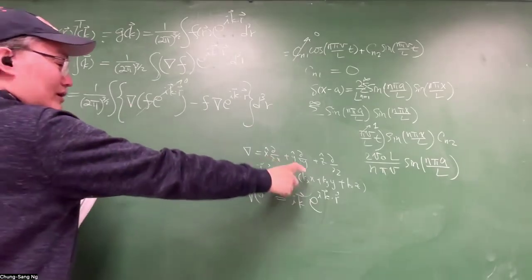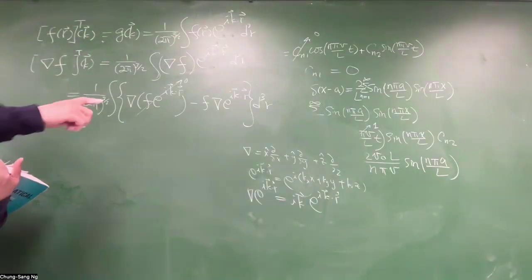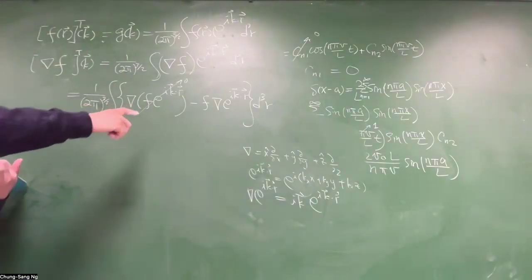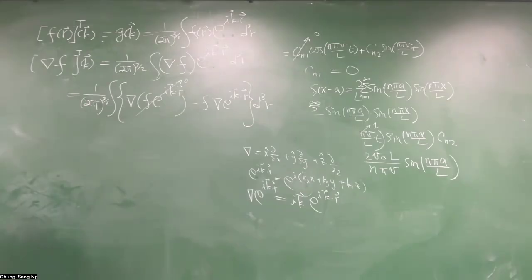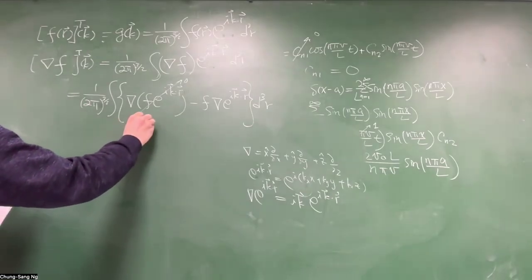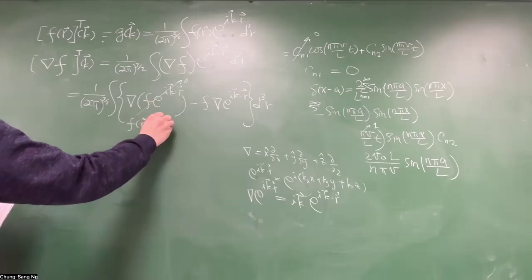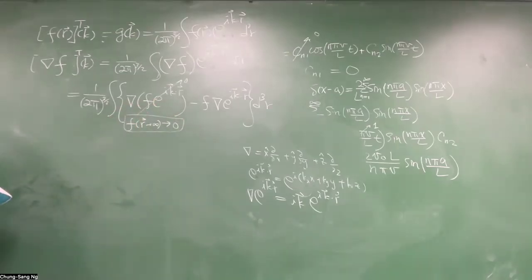The y term is the same, the z term is the same, so all the boundary terms will be 0. You are basically assuming that f vanishes at infinity. That's the implicit assumption.